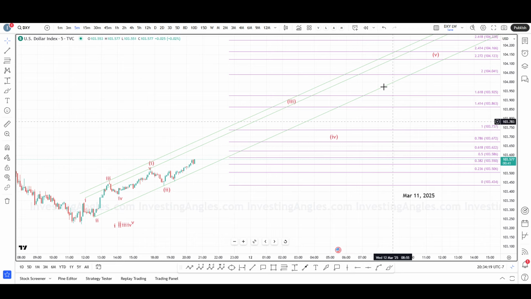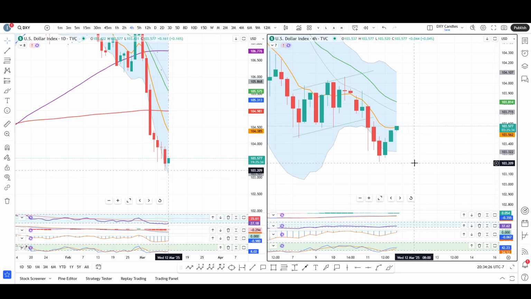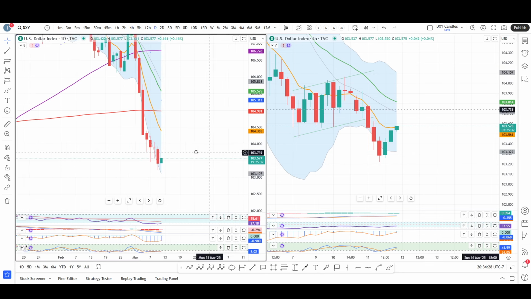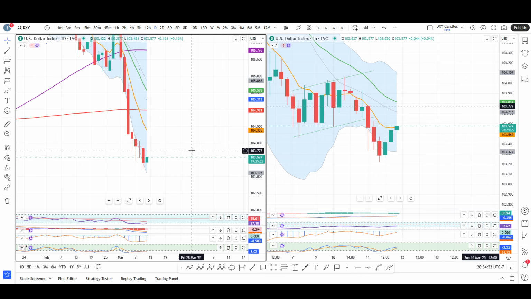Now let's have a look at the candles, what the candles are telling us. This is a very interesting story here on the daily frame. First of all, I'd like to emphasize that the daily frame was grossly oversold, and the dollar doesn't like to be oversold.